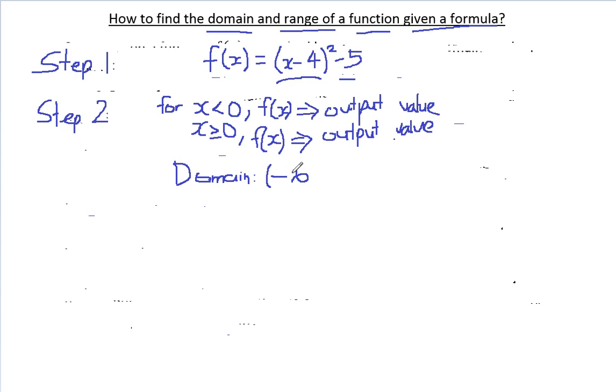Remember that when you write negative infinity, it should be written with a round bracket. And here, since it's more than 0, we can go for any real values more than 0. So we can write it like this. So this is our domain. Now, step 3 is done to find the domain.